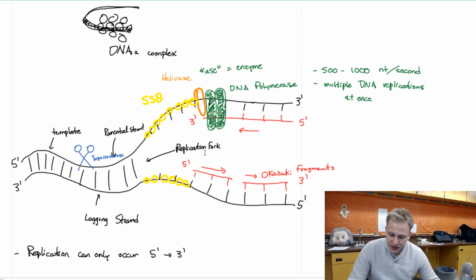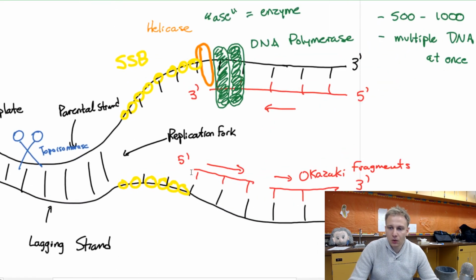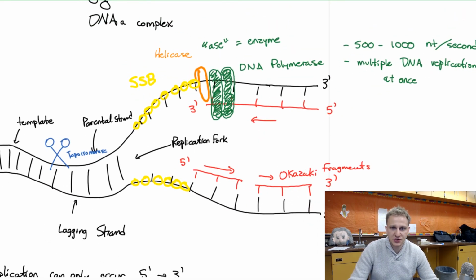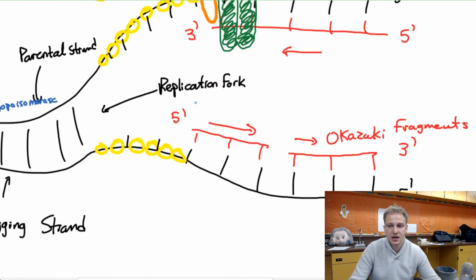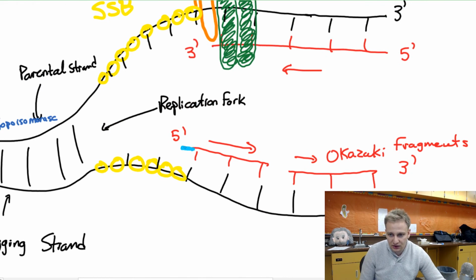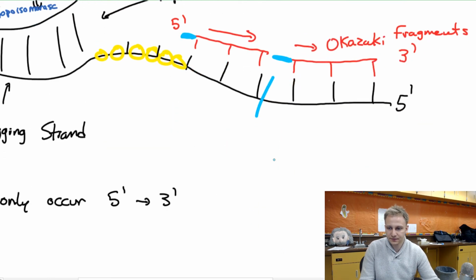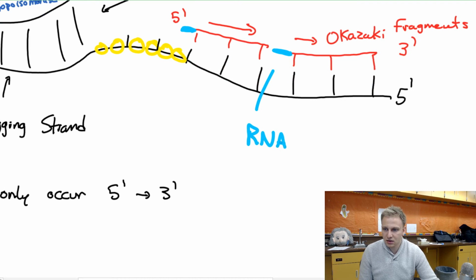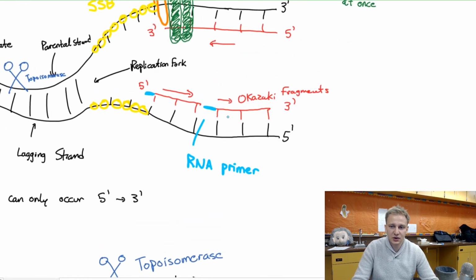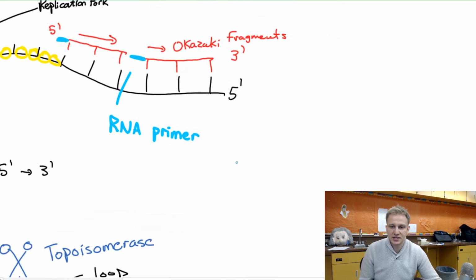The last couple of things that we want to talk about here. In order for DNA replication to commence, there needs to be something called an RNA primer. These guys here are the RNA primers. That RNA primer is there to give the DNA replication a place to start.